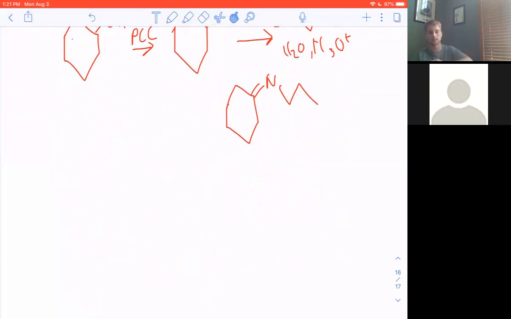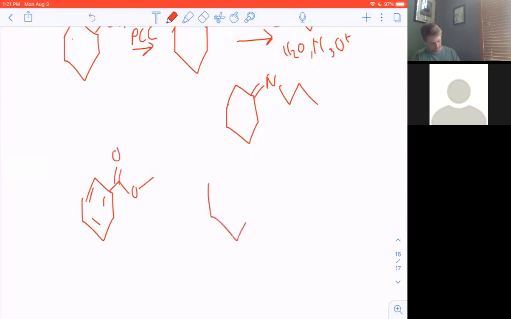I guess it just wants to know which one is a stronger activator when comparing these two. So this and this. The correct answer should be this one.